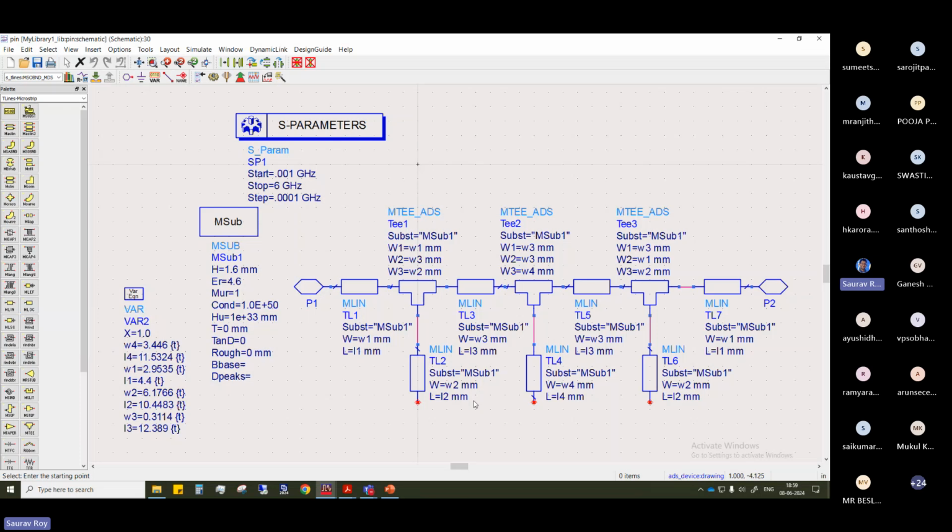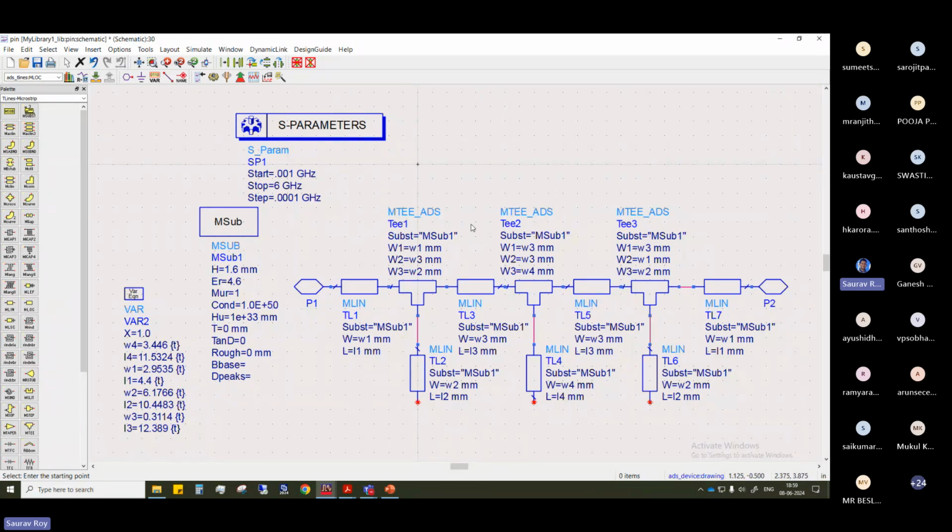Now because here we need open circuits, these lines you can replace by open circuits here. Okay, that is also another possibility. So again, what you need from here is the line width and length. Line length is given by lambda by 8 as usual for your cutoff frequency, and width is what you have to calculate using your LineCalc tool.